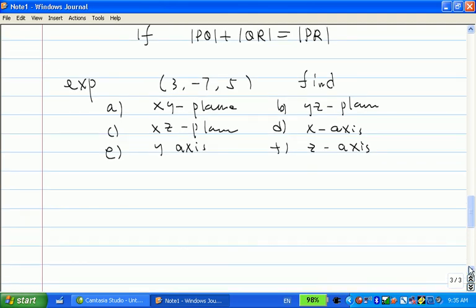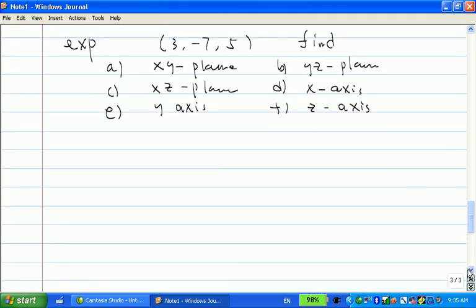Okay. First of all, let's find this point in the space. X, Y, and Z. Okay. I told you this point has a 3 on the X. Y is -7.